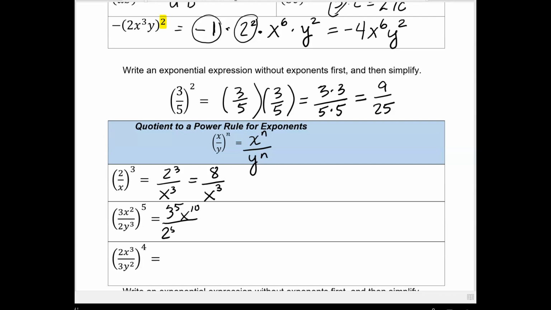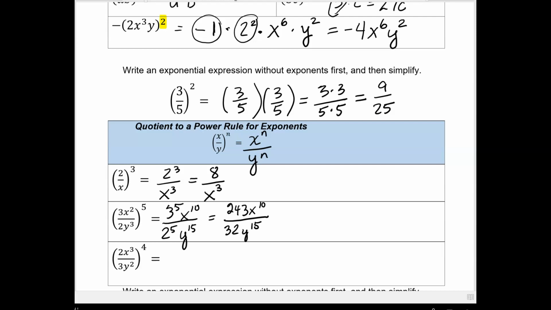Two to the fifth power, y to the 15th power. All right, so in your calculator, you figure out what 3 to the fifth power is and write it down. And you'll figure out what 2 to the fifth power is. Write it down. So your final answer, 243 x to the 10th over 32 y to the 15th.